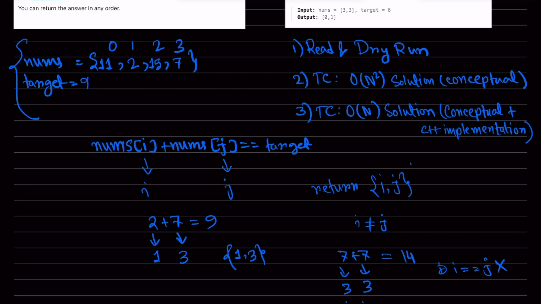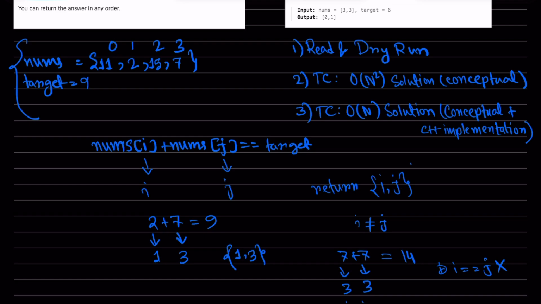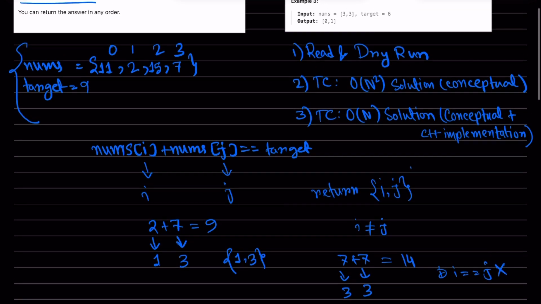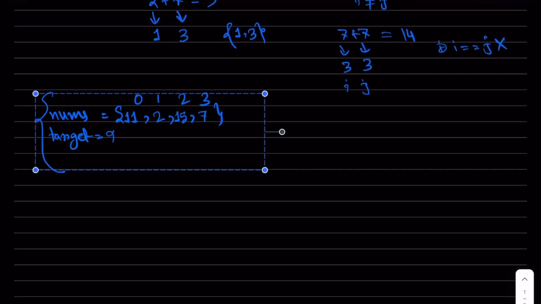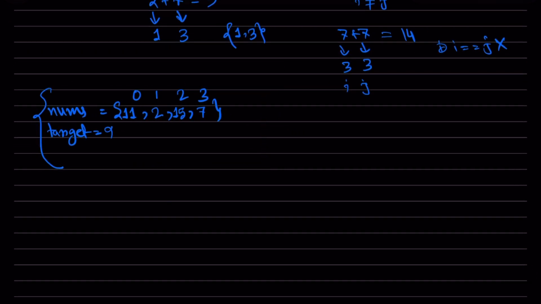So let's talk about how we can solve this problem by coding it. The first step would be going over a brute force solution, which is the O(n squared) solution. If you look at this particular example that I have written, on top of that I have also written the index numbers, so I'll just copy and paste it here for easy visibility.